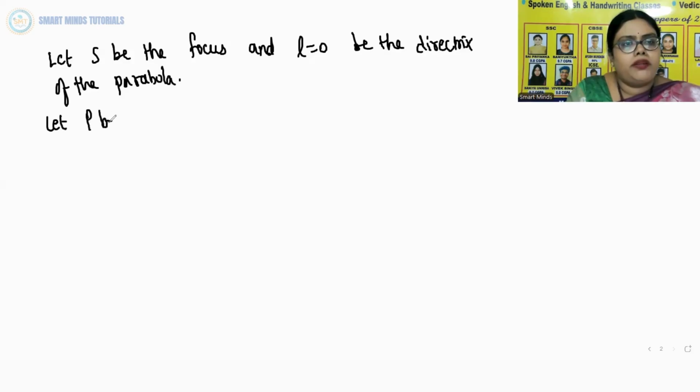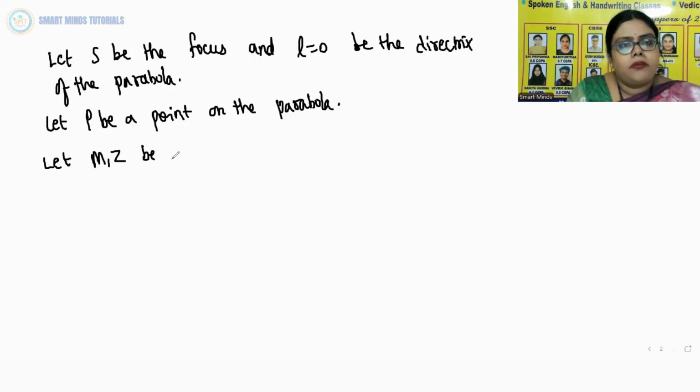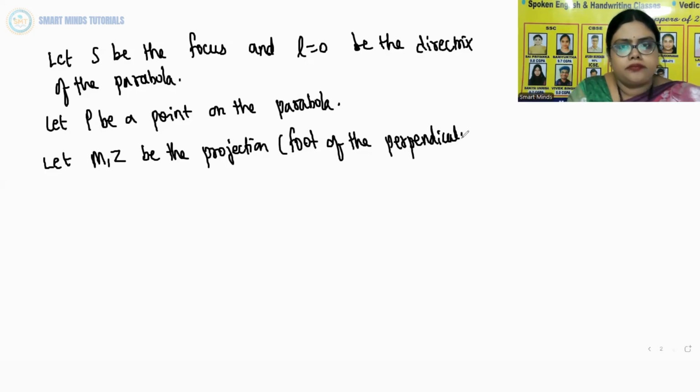Let P be a point on the parabola. Let M comma Z be the projection, of P and S on the directrix L is equal to 0 respectively.